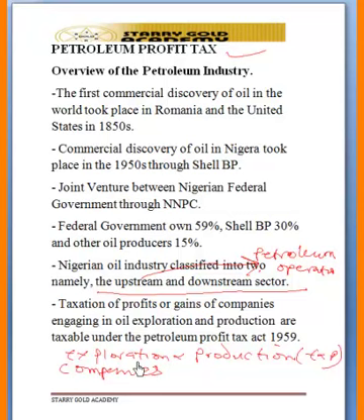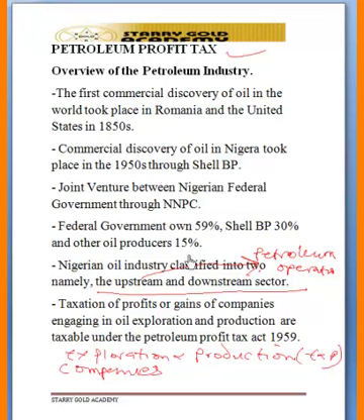It is also a high business risk area. With the trouble in the Niger Delta, oil pipes are being destroyed, damaged. All this poses risk to the companies in that business. It also has a complex tax reporting system.